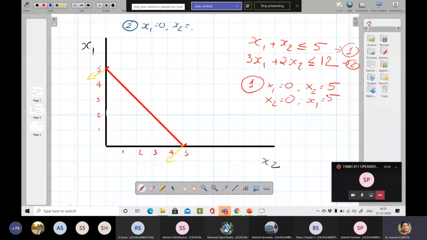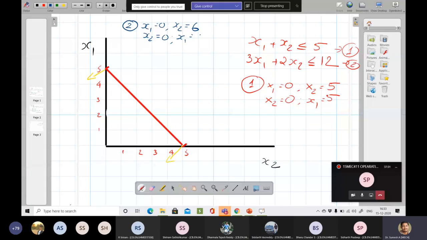Now substitute x2 as 0, you will get x1 as 4. So I'll just mark it. In the initial case x1 is 0 and x2 value is 6, so it will be here as 6. So this is the point.